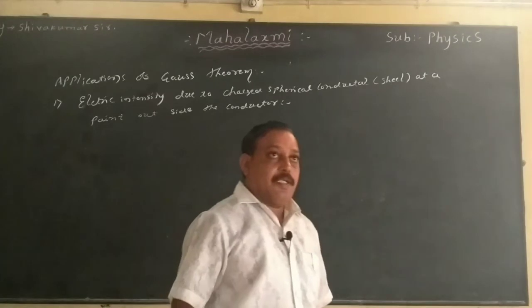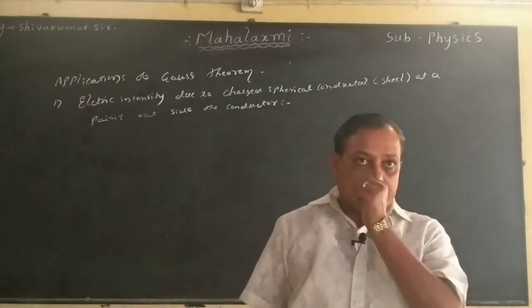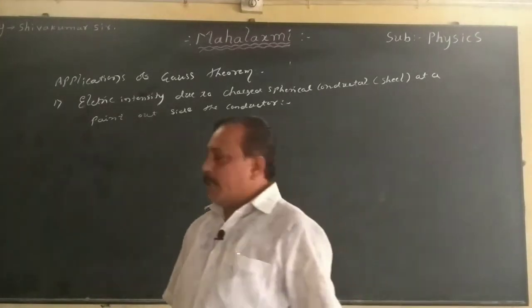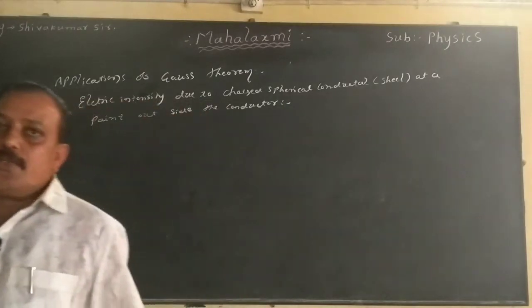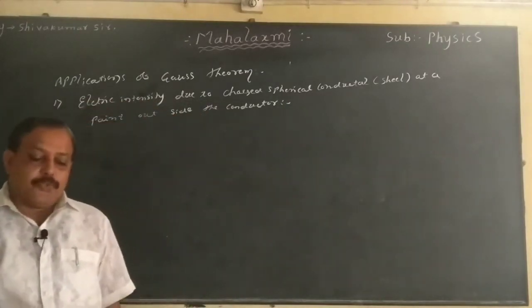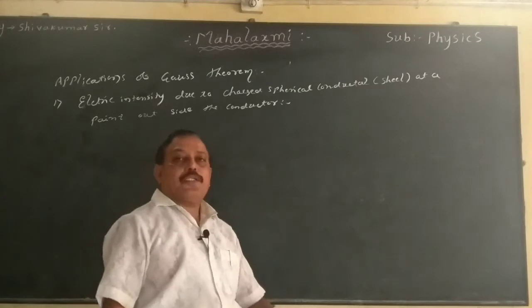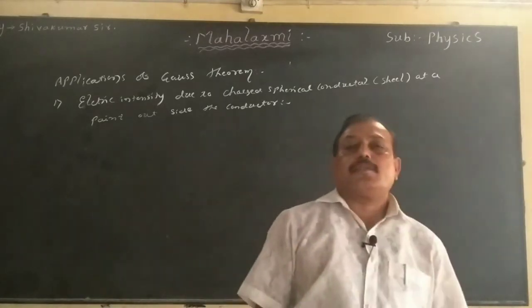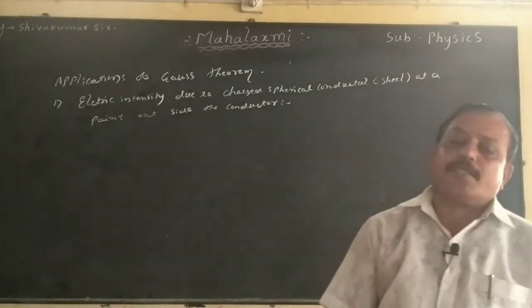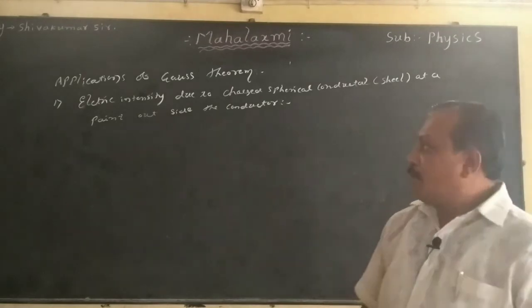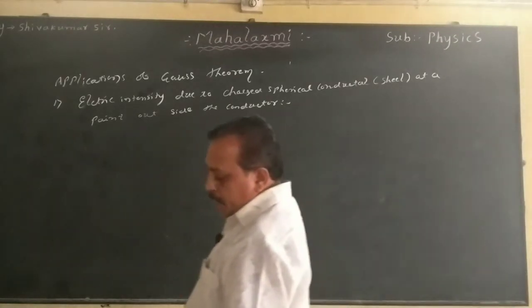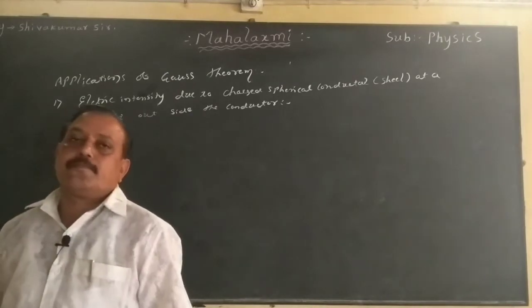Don't think about that, the title for that derivation is so long. The only thing is that our aim is to calculate the electric intensity due to a charged spherical conductor at a point outside the conductor. That is at a large distance. Now this is our basic derivation, the first application. This is the most important application.